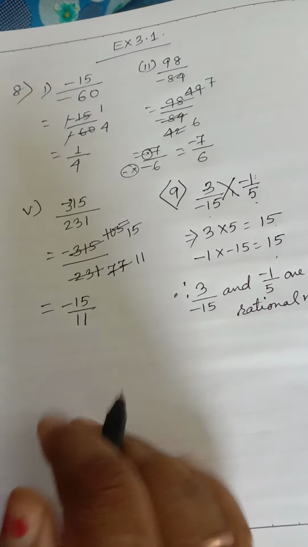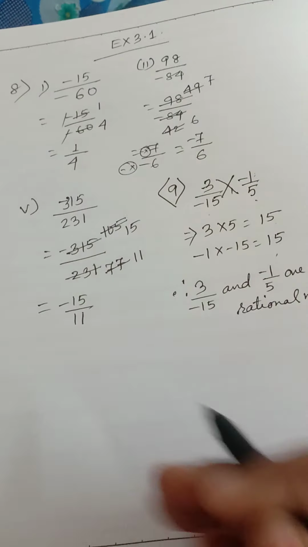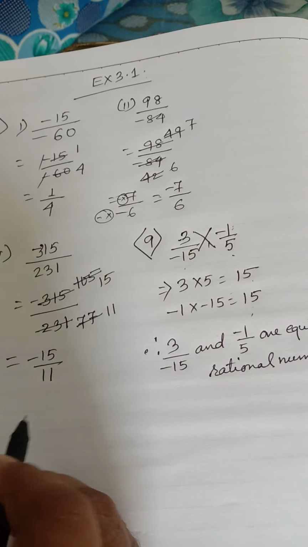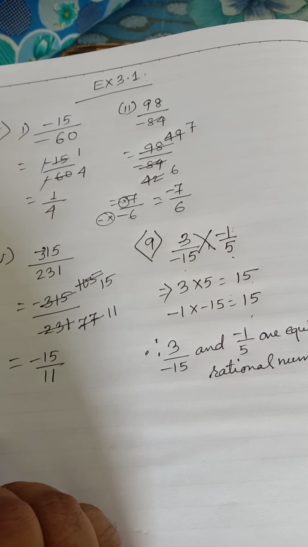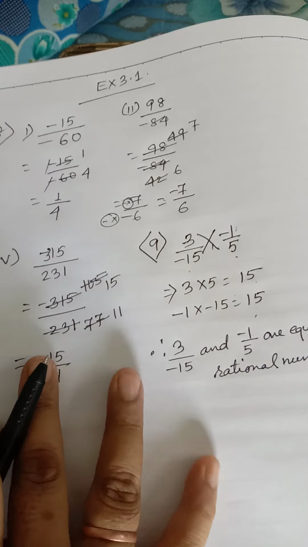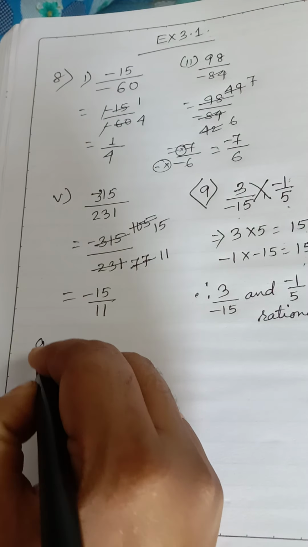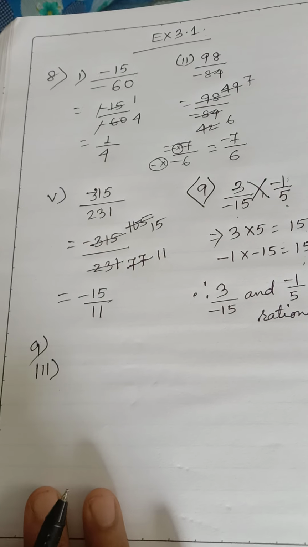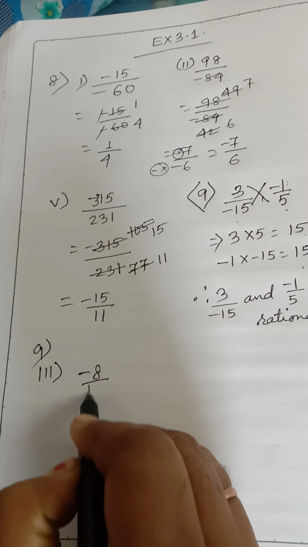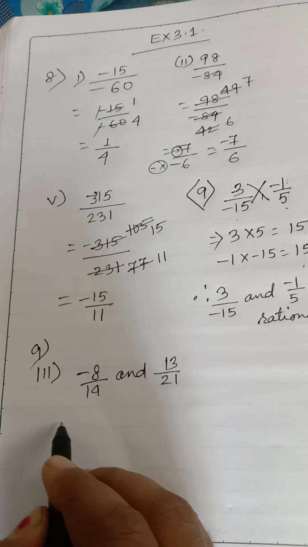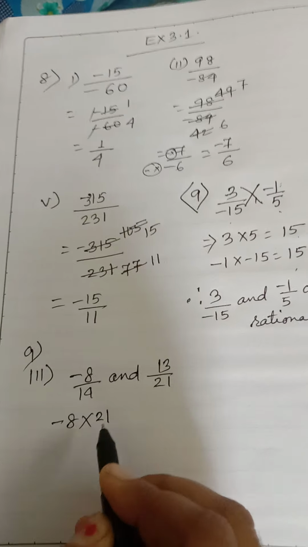Let us see the next one. Question number 3. It is given minus 8 by 14 and 13 by 21. So we'll write minus 8 into 21.